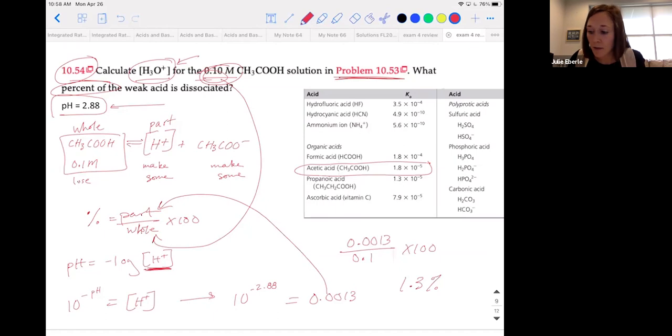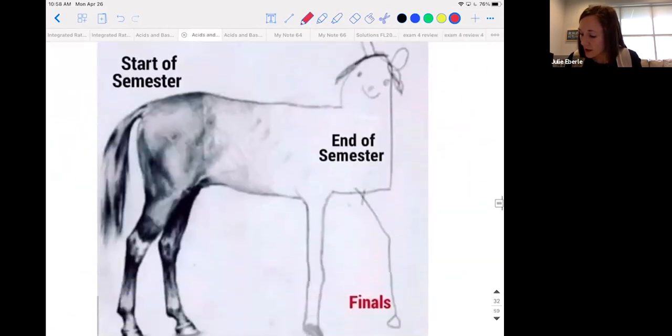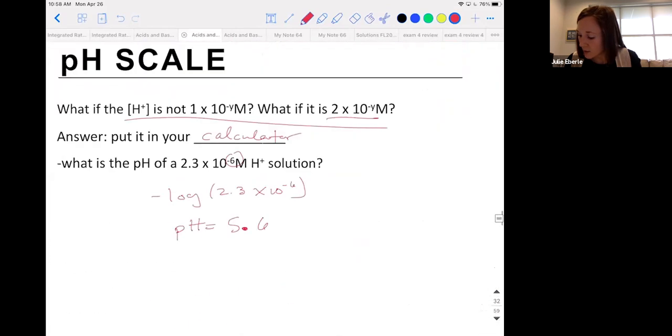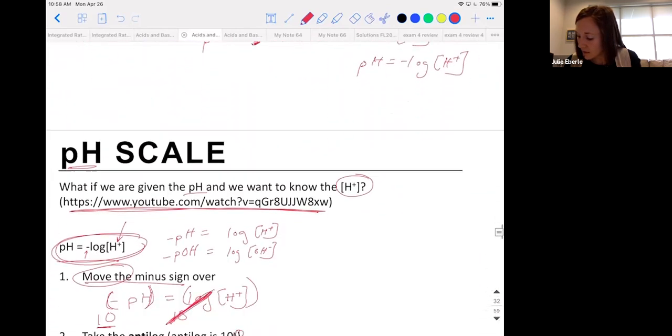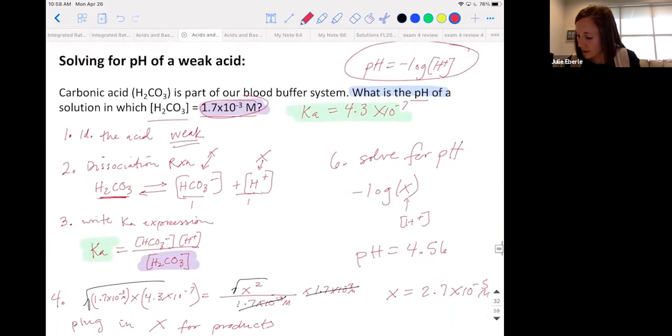We worked a whole problem like that in lecture. It was right down here after we talked about pH and antilog. There, we did this problem where I said, here's a weak acid, here's the Ka value, here's the initial concentration. What is the pH?